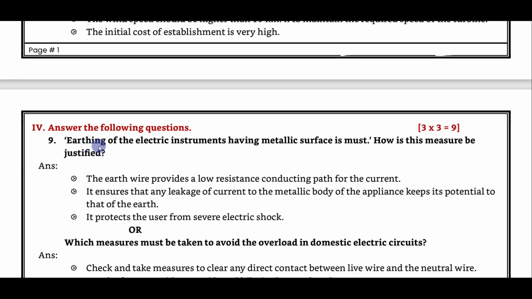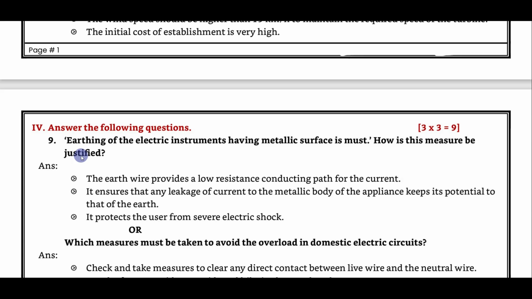Next, the 3 mark questions. Earthing of the electric instruments having metallic surface is a must. How can this measure be justified?